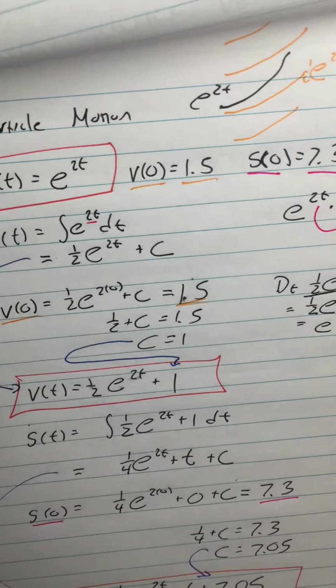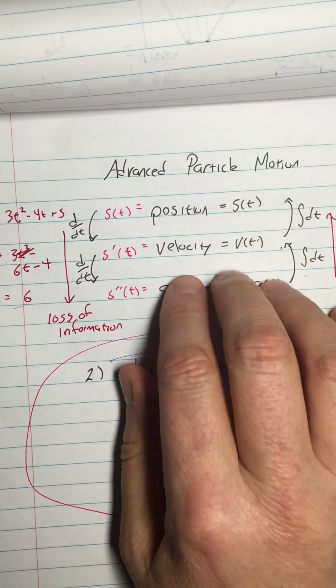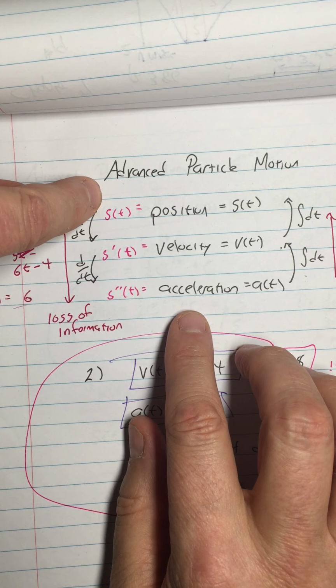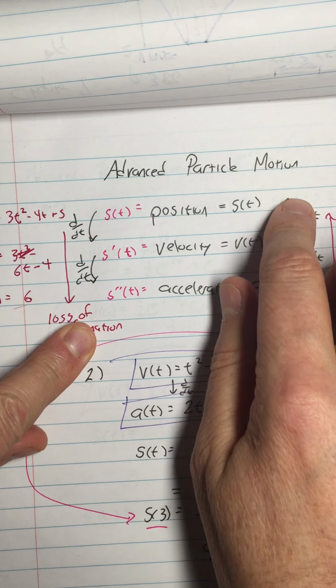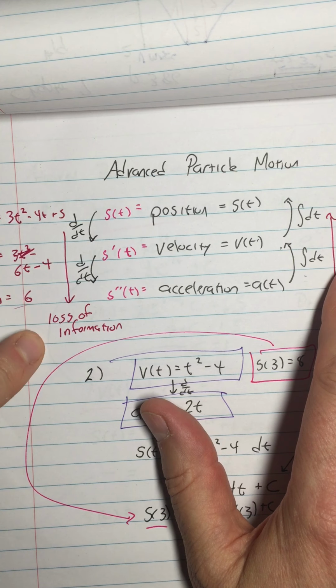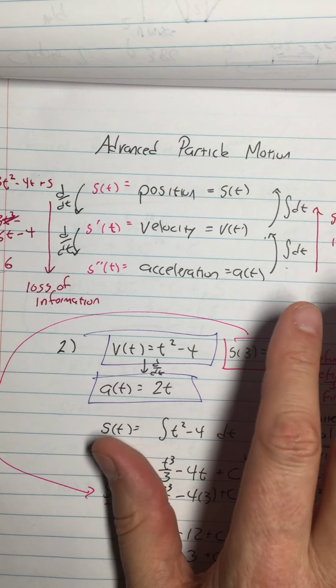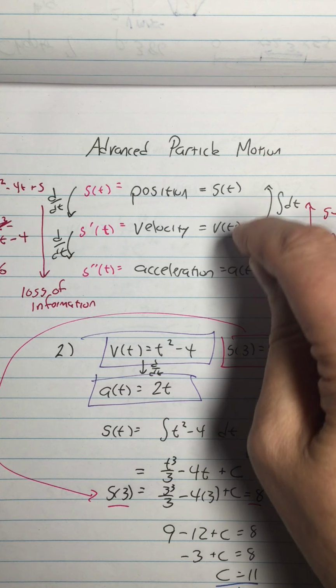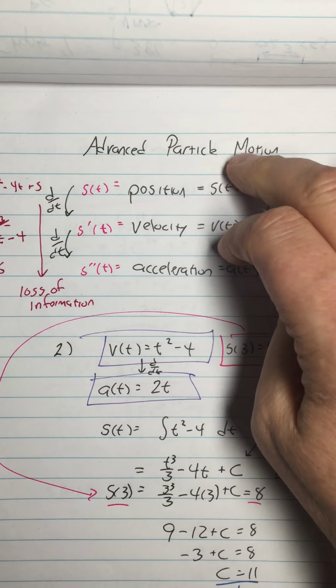All this is about is that once I understand the total relationship between position, velocity, and acceleration, I do derivatives going down and integrals going up. When I'm going up, I need to supply information because when I was going down, I lost information. If I understand that, then you can have the information given at any point in this ladder and get the other two.